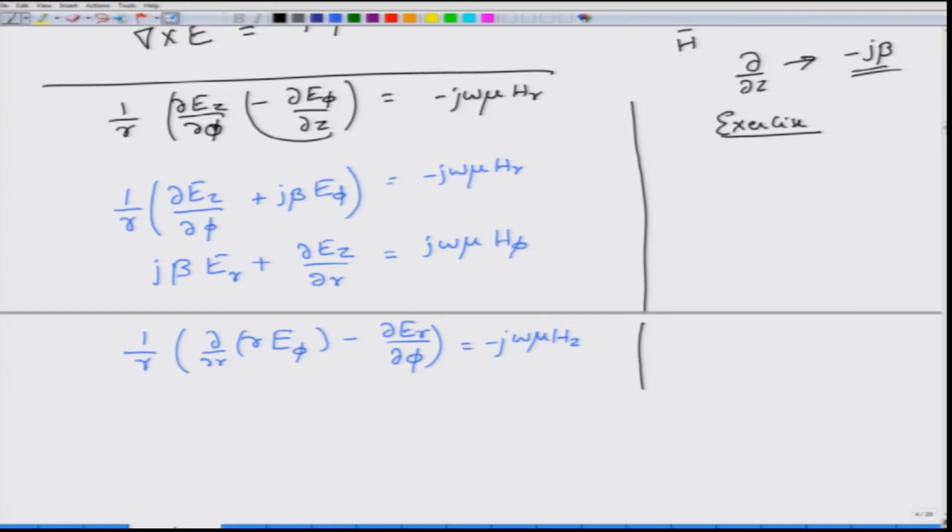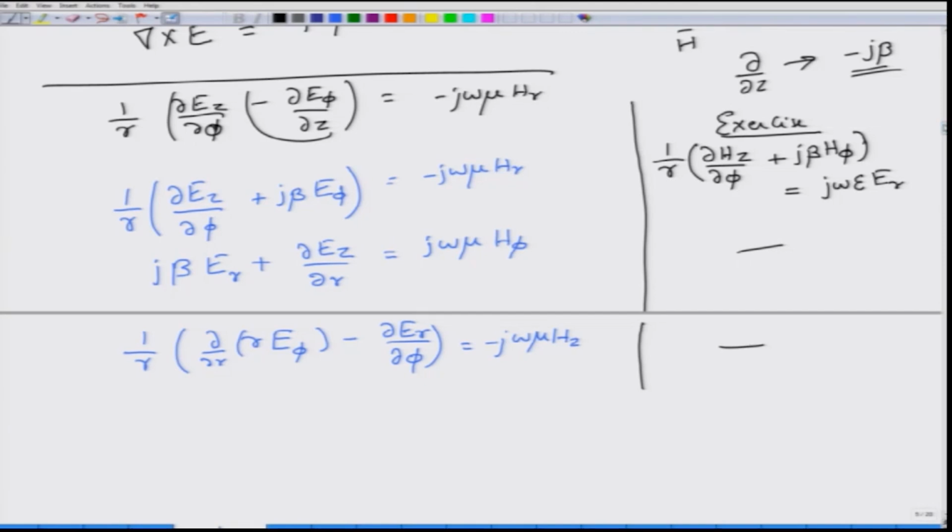I will start off with one expression, you can fill in the remaining two. So, you will have 1 by R del Hz by del phi plus j beta H phi. Replacing E by H, this should be equal to j omega epsilon E R. So, you can fill in these two.